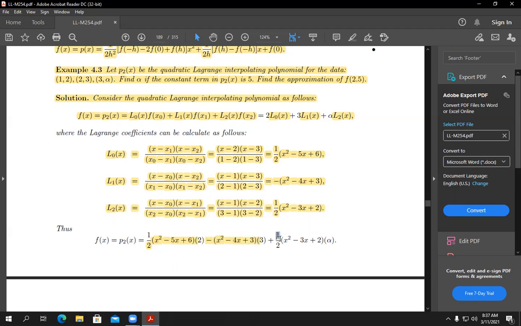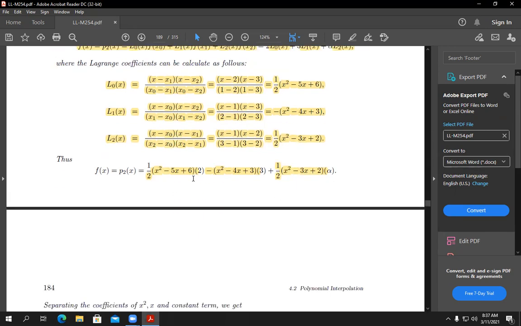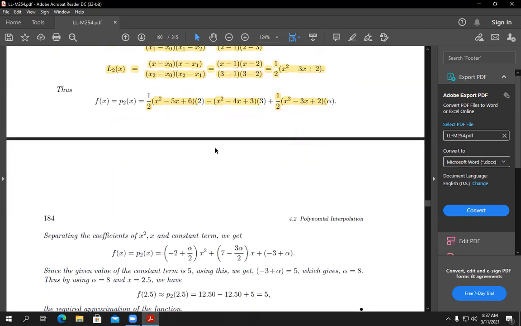And then you put L2, which is this one, into alpha. Now what you have to do is open this, multiply and open this, and then separate the x squared coefficient, the x coefficient, and the constant. When you do, let's see, separating the coefficient of x squared and the constant term, you then have this shape of the problem.